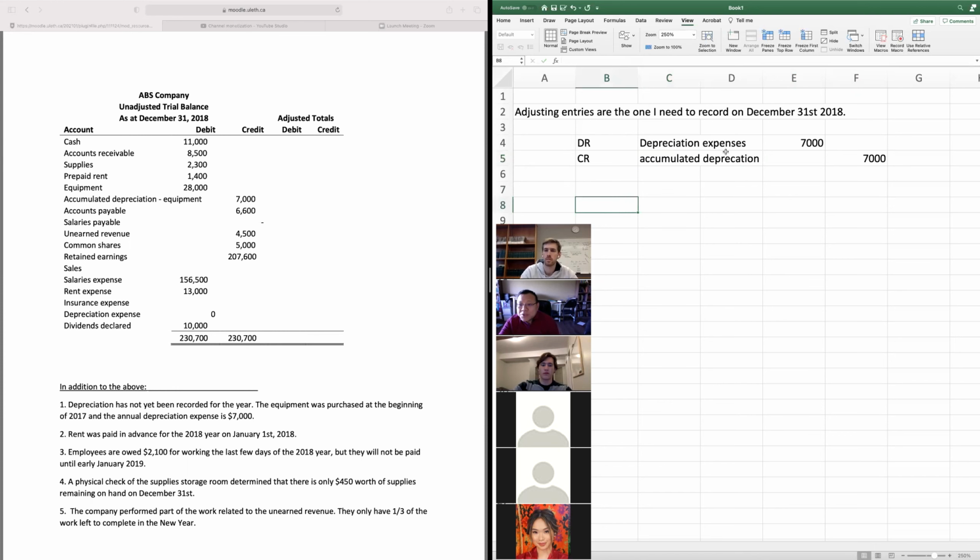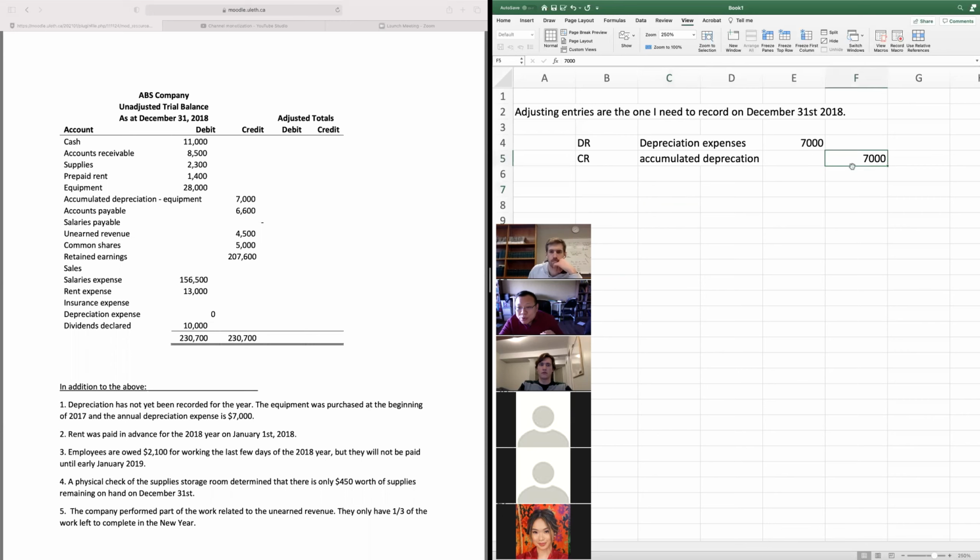So in this way, the balance of the cost account, the equipment, is always 28,000. The balance is not changing because you want to know how much you paid for it. But just to know what the net is, you can work this out later. So what's the net? 28 minus 7, right?